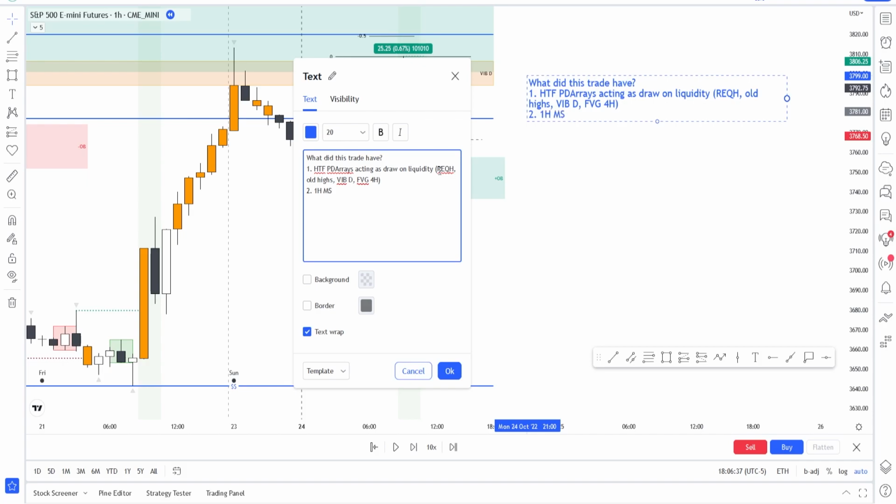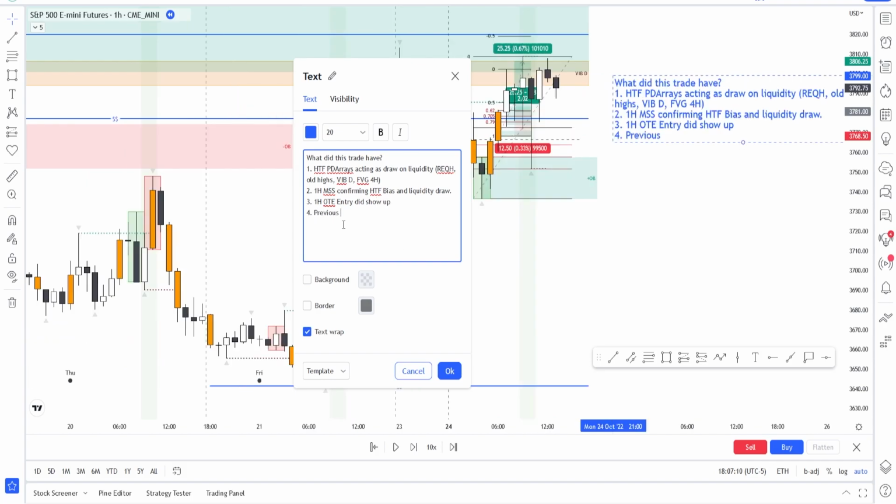We had the 1 hour market structure shift confirming our time frame bias and liquidity draw. Now this might be wrong on the next one, I don't know. And then the 1 hour OTE did show up later. OTE entry did show up. Previous order blocks respected.